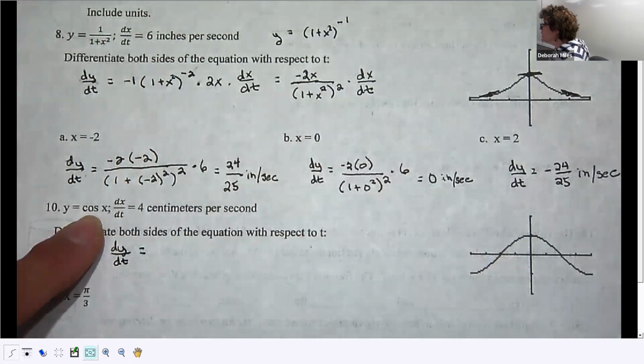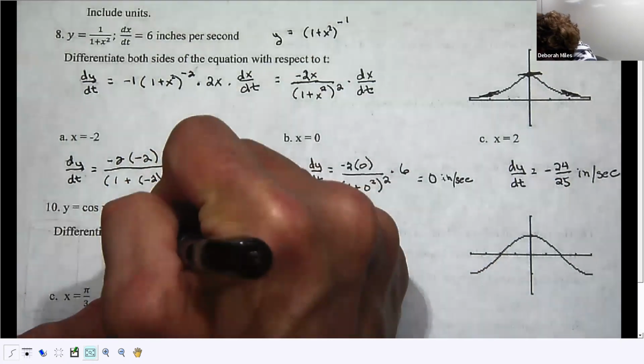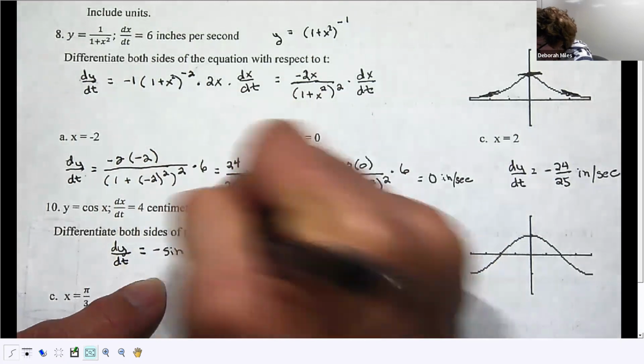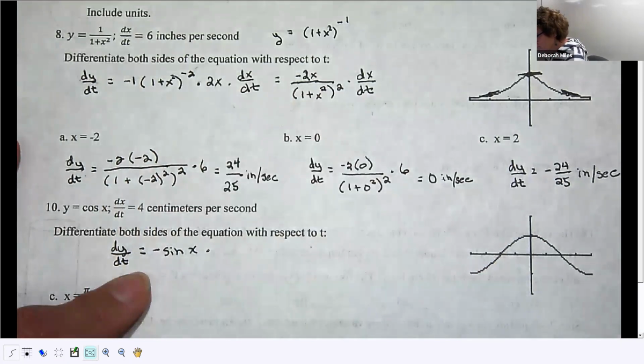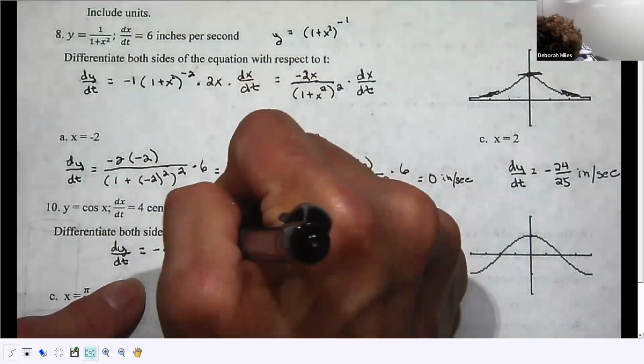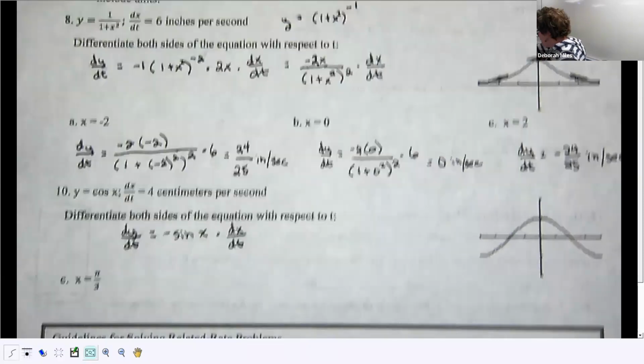That's the derivative of cosine x with respect to time. Negative sine x. And what else? Yeah, dx over dt. We're differentiating with respect to time.